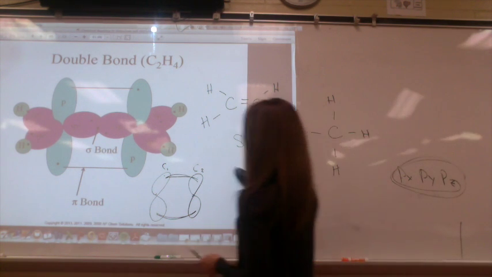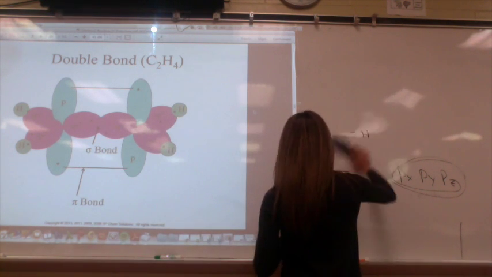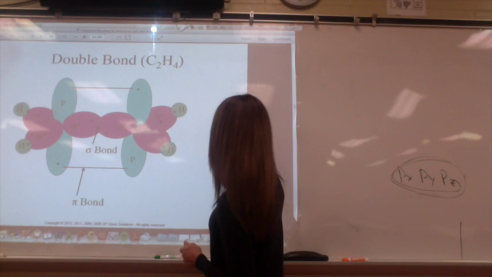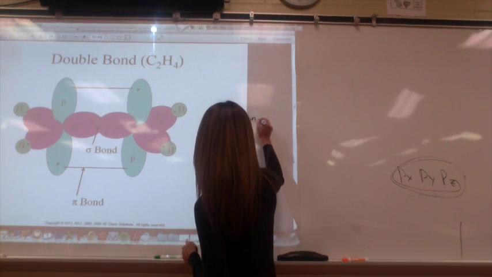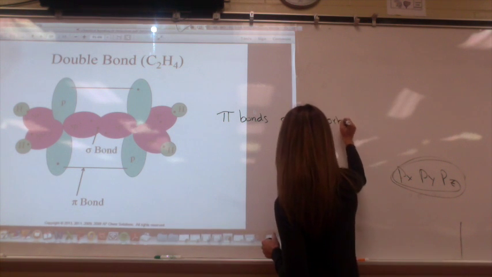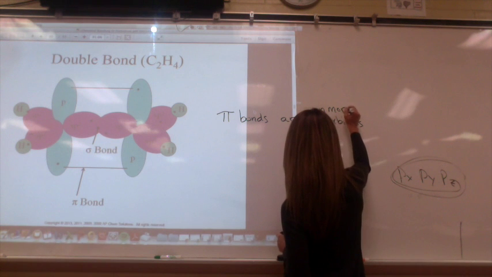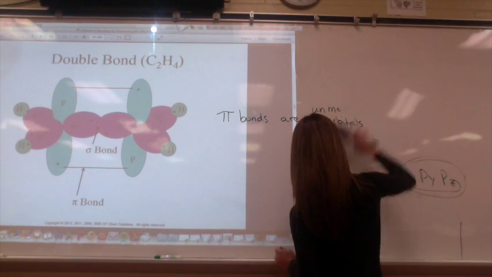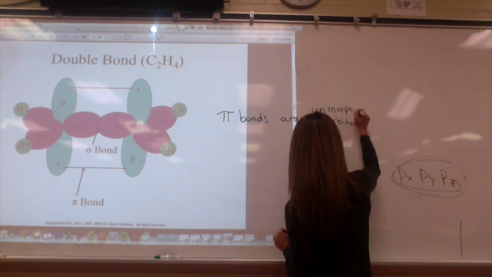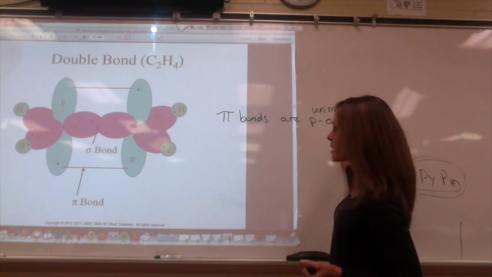What is called, oh, it's right here, a pi bond and a sigma bond. So pi bonds are unmorphed p orbitals. Let me write unmorphed, if I can spell that. Unmorphed p orbitals. So pi bonds are unmorphed p orbitals.